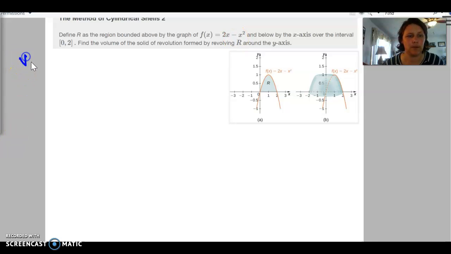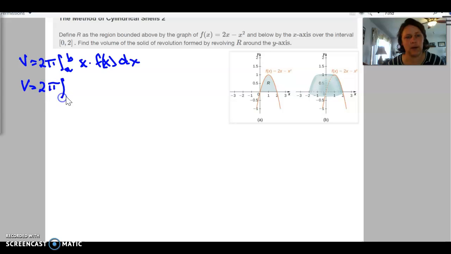Okay. So we've got volume equals 2 pi from a to b of x times f of x dx. This is our equation. So for the second example, 2 pi from 0 to 2 of x times 2x minus x squared dx.